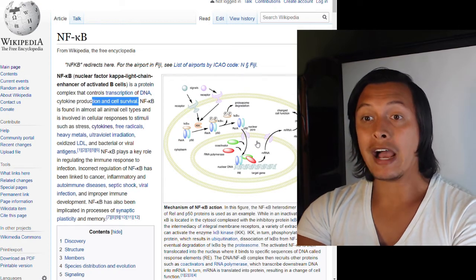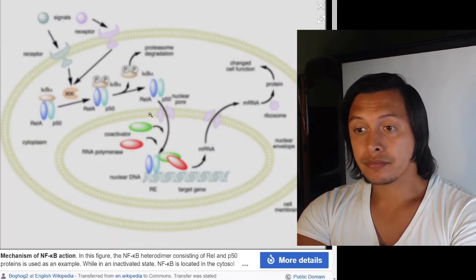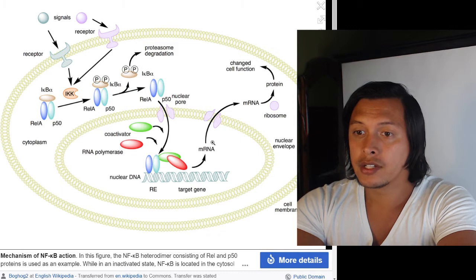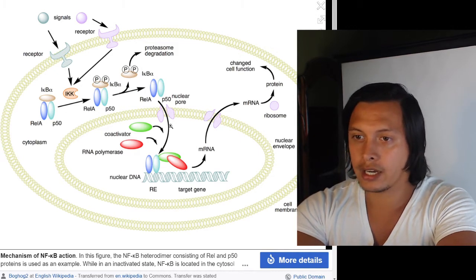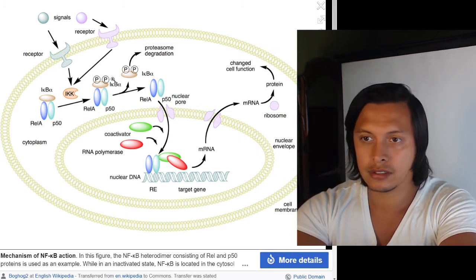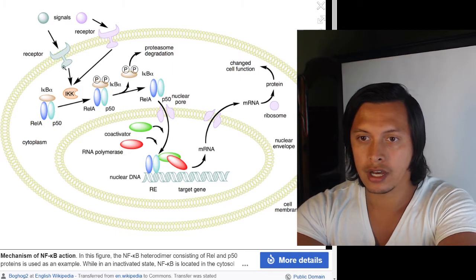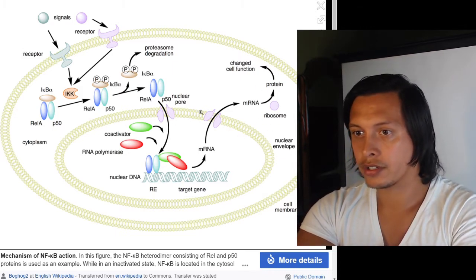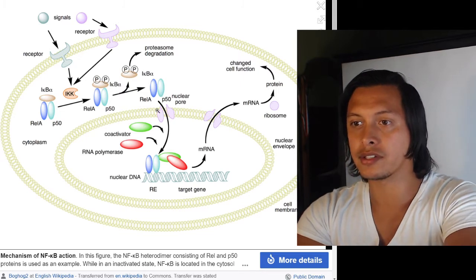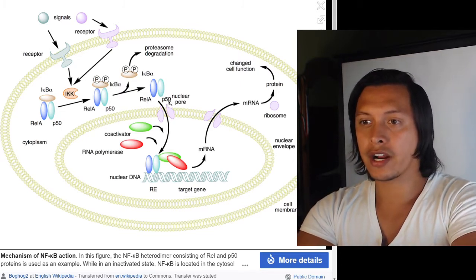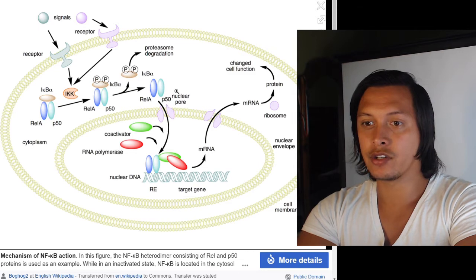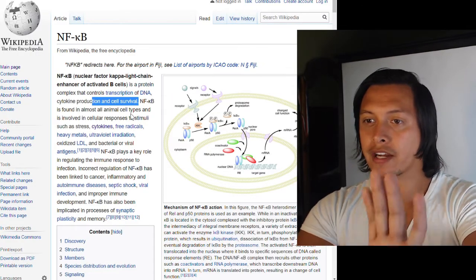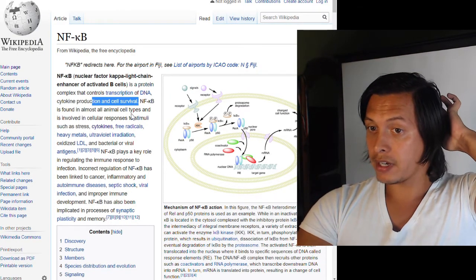So nuclear factors are things, so let's see, do they have it here? Okay, this is it. So this RelA and this p50, this is nuclear factor kappa B. So I'll just keep on going.